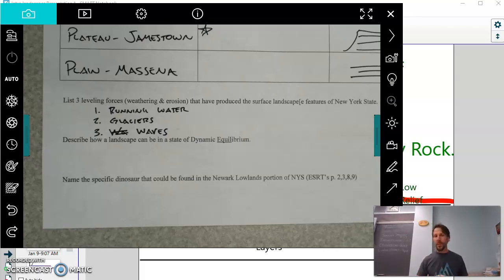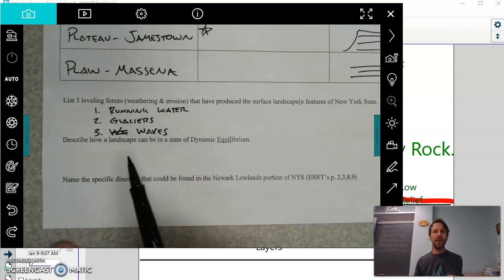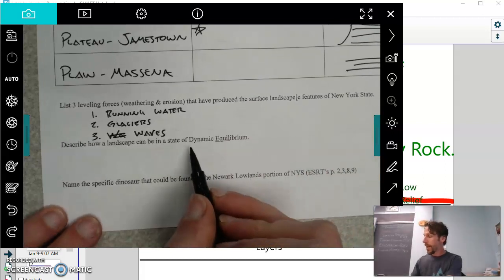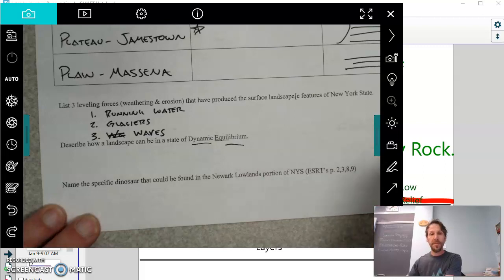All right, guys, just moving forward with this, there's a part in your sheet that says to describe how a landscape can be in a state of dynamic equilibrium. I know I just asked you to sort of figure that out, but remember, dynamic equilibrium is a state of balance.